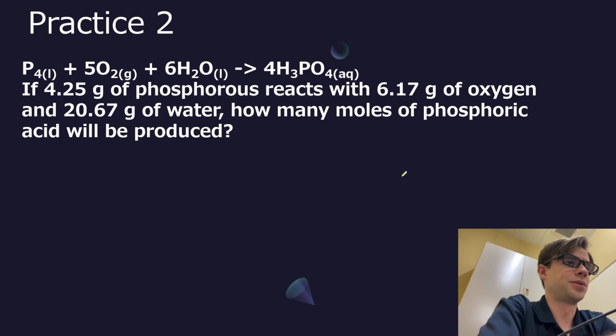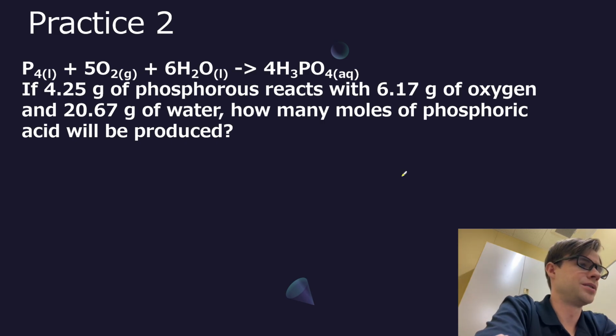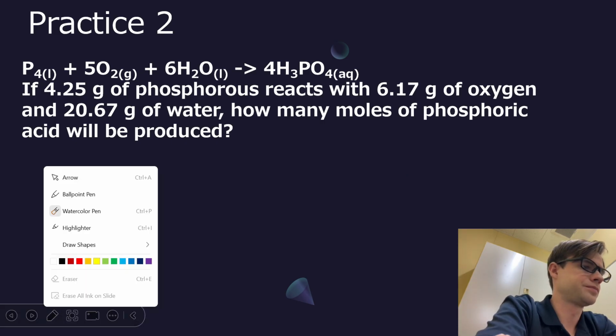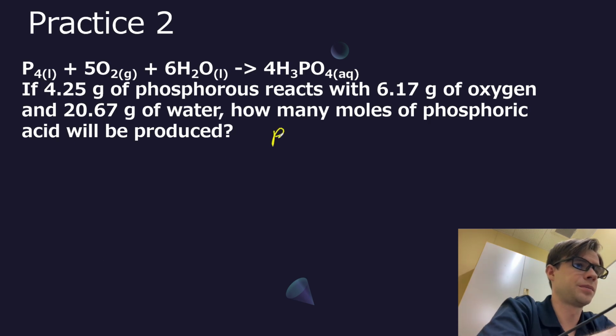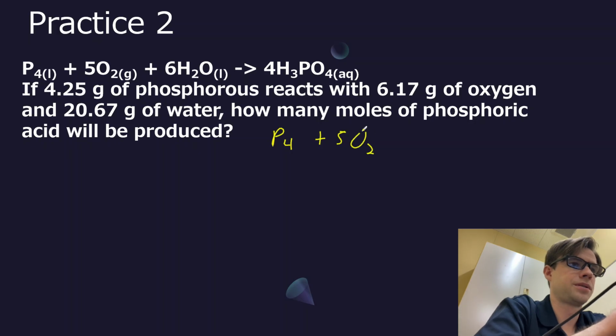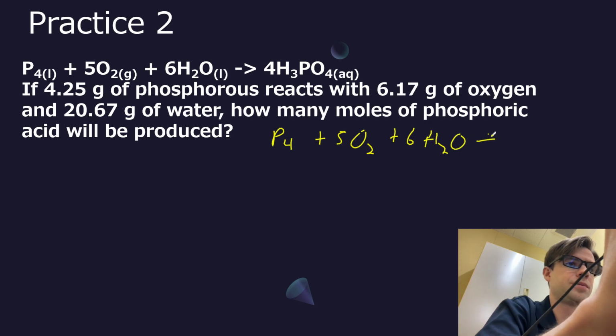Okay, so we desperately need to find the limiting reagent. So P4 plus 5O2 plus 6H2O goes to 4H3PO4.